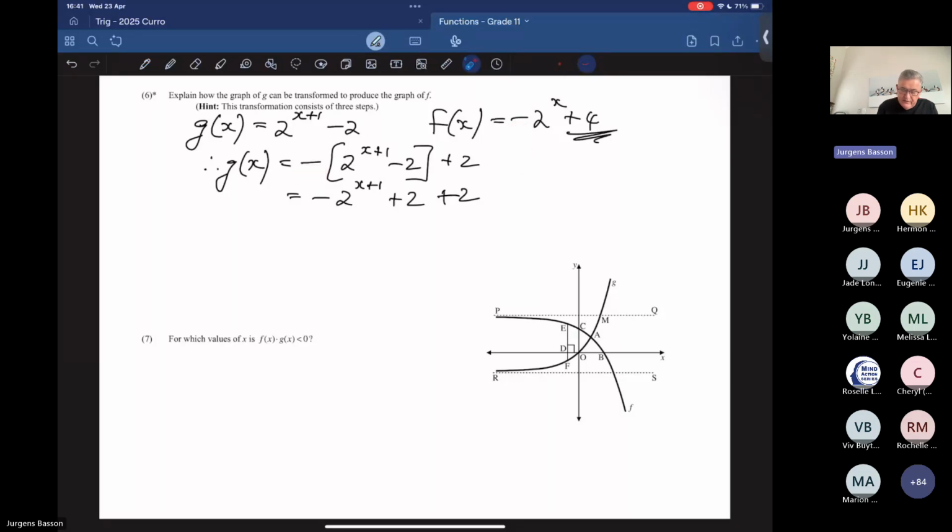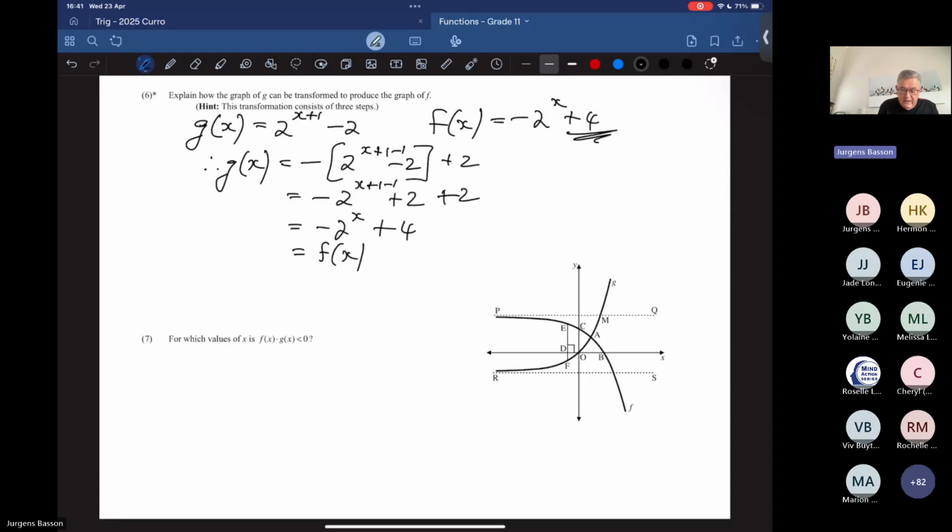That is where that negative comes from. Do you notice this x doesn't have any p value? This one is a plus 1. So I hope you will agree that we're going to say in the bracket a minus 1 there, because we want to change it to negative 2 to the x plus the 4. And you will agree this is f(x).